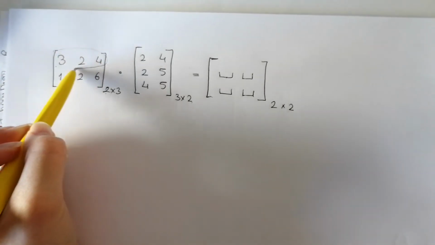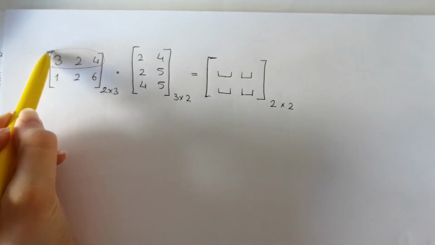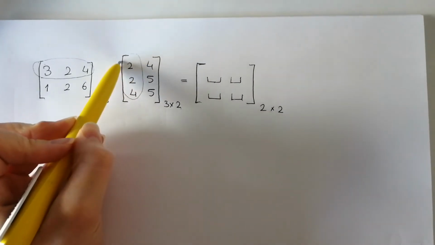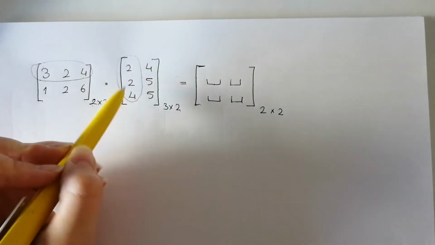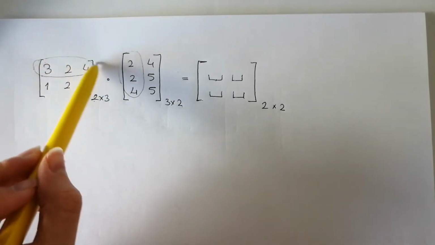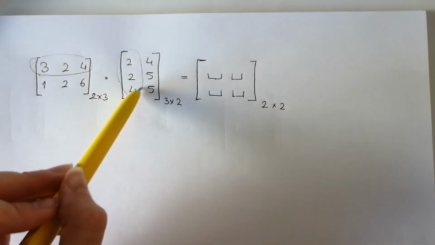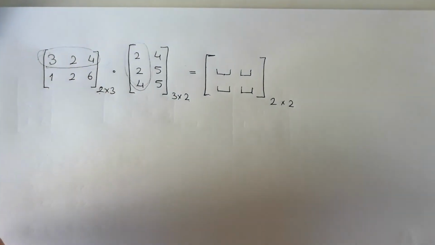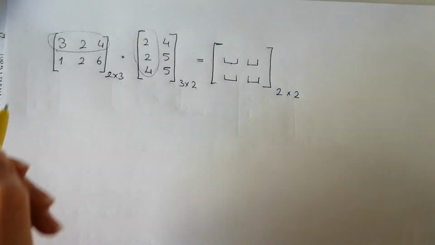The first row vector from the first matrix with the first column vector from the second matrix. We take the first row and first column, and we make scalar multiplication of these two vectors.